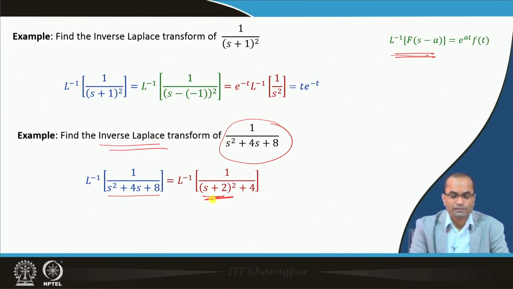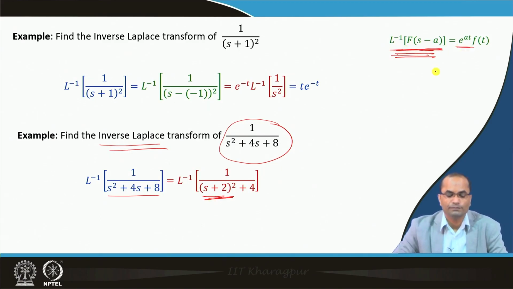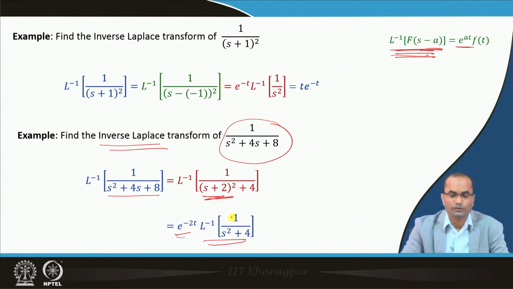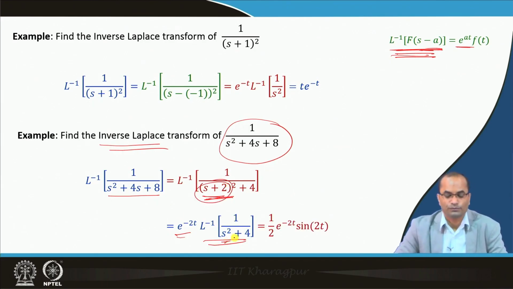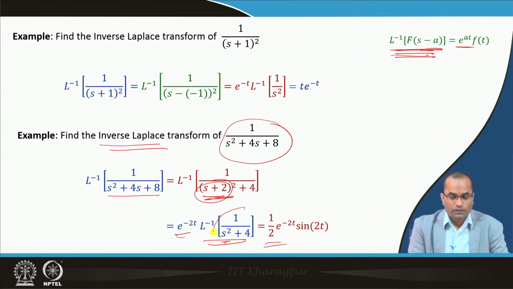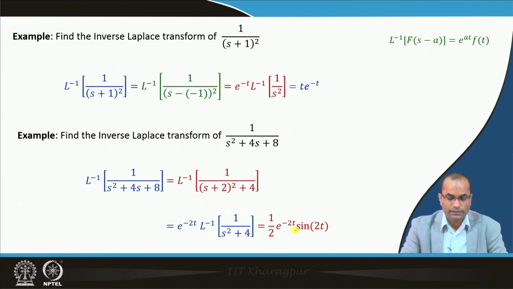So this s is just s plus 2 there, and we will now apply the shifting property to get e to the power minus 2t outside, and then the Laplace inverse of 1 over (s squared plus 4). Because we need a 2 there to have sin 2t, we have a half. So the e to the power minus 2t is there, and then this is half sin 2t. So we got this inverse transform using the first shifting property.